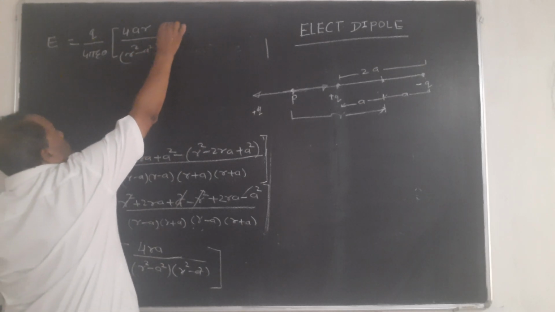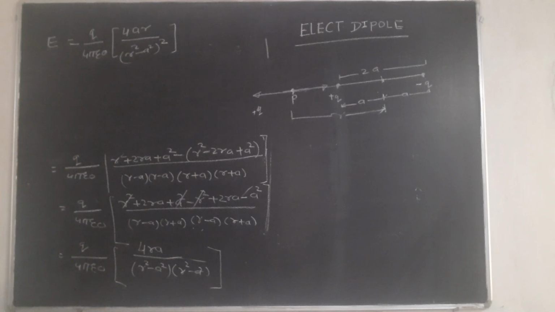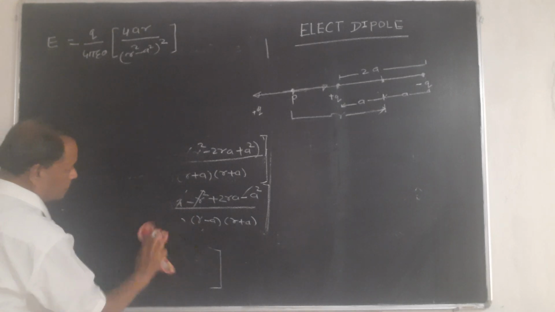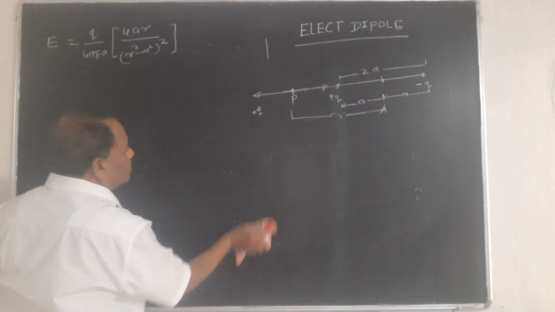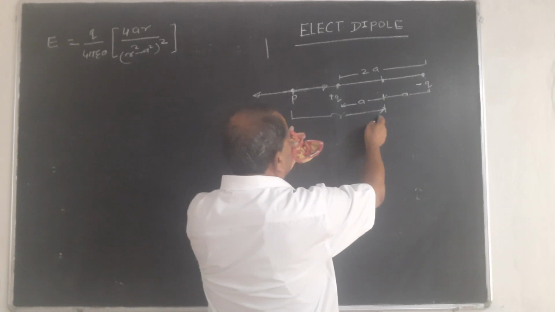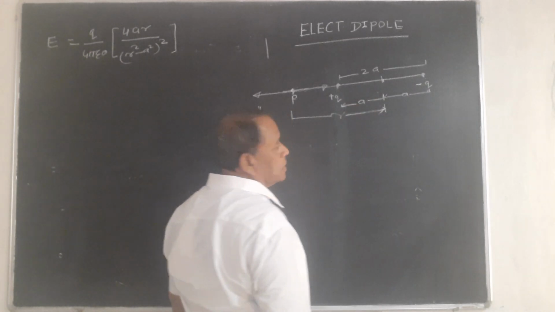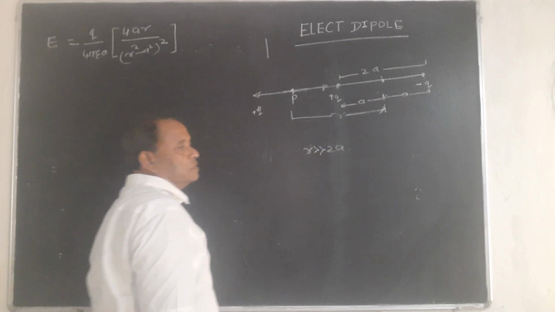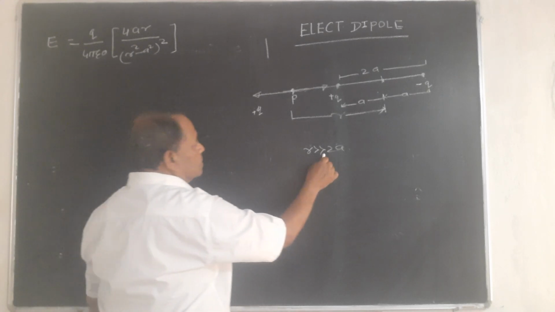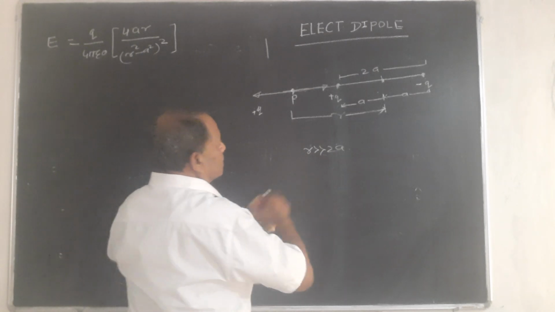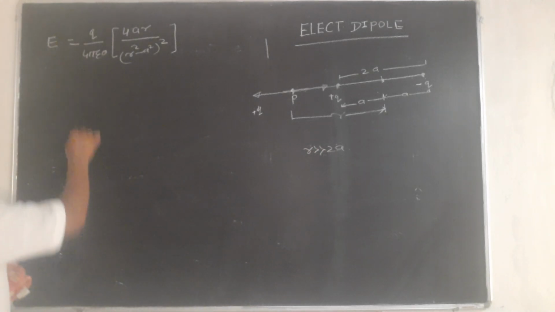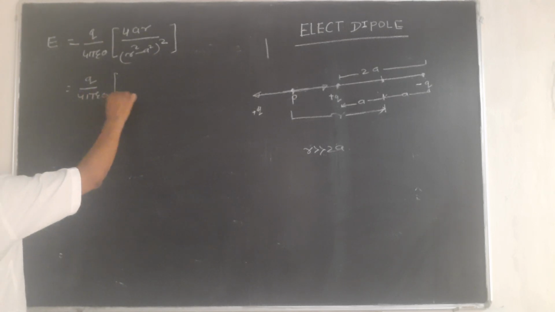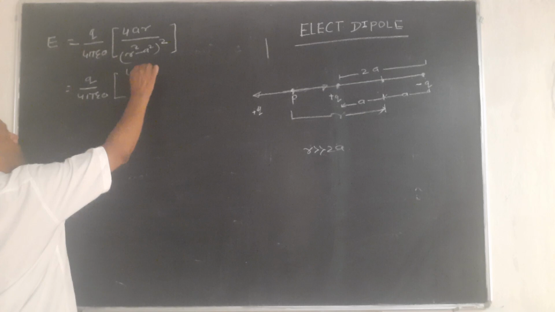Now r is very, very much larger than 2a, so we can neglect this a. So here Q upon 4 pi epsilon naught 4ar.